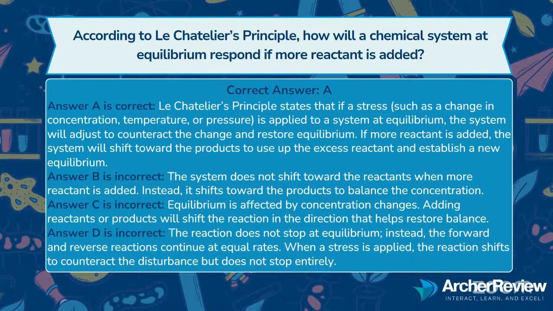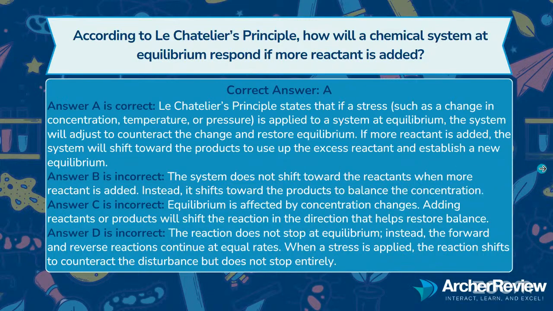We talked about that yesterday, how in an equilibrium reaction, the reactants going to products from left to right and the products going to reactants from right to left still occur, but at an equal rate. Then when that stress is applied, it's going to shift to counteract that disturbance. So keep that in mind.